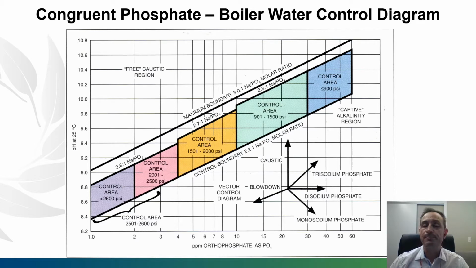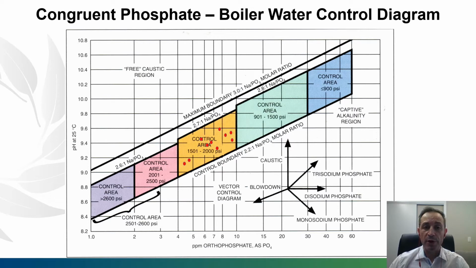So the concept here is that let's say we take a lot of samples from the boiler water and we analyze, and the chemical results that we get are those little red dots, as we can see in this orange box here, which is our control range for our boiler, and this specific pressure range.